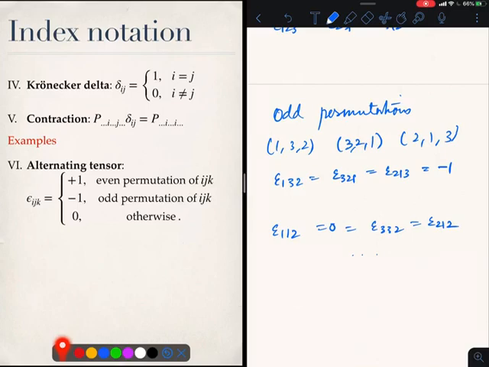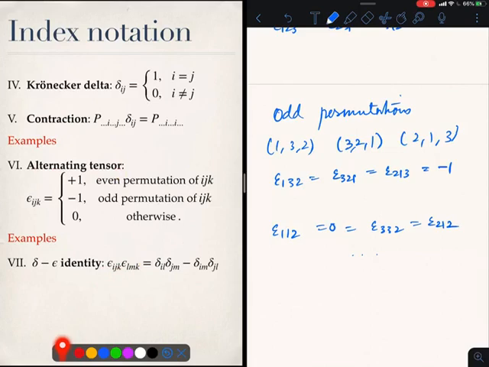Okay, all right, coming towards the end, let's apply the index notation to something. I've almost forgotten, we have a very important identity called the delta epsilon identity, which basically talks about what happens if you multiply two alternating tensors.